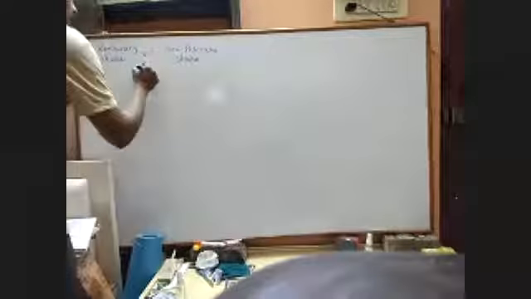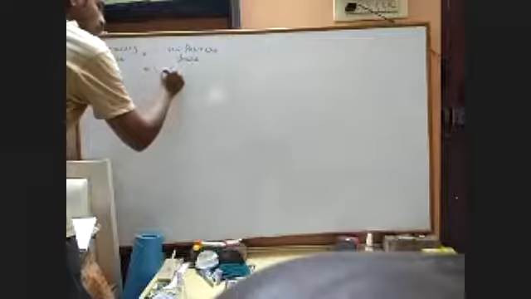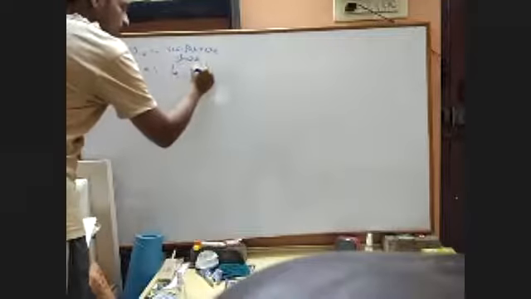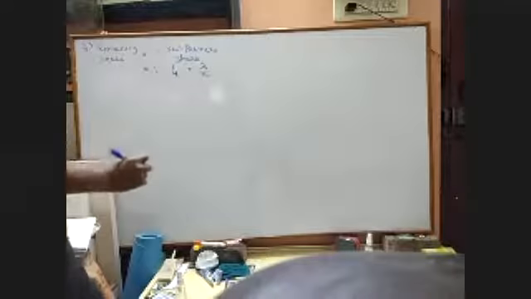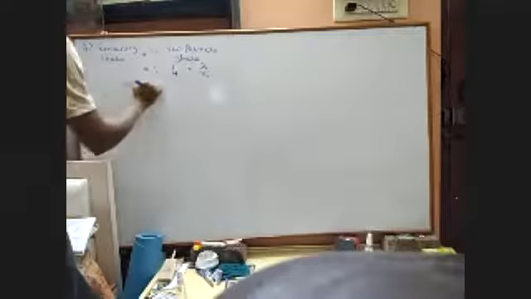Now, the new partner's share is 1/6. Sorry, how much it is? 1/4. So it will be 1 minus 1/4, which will be equal to 3/4. Now, this is the first step.